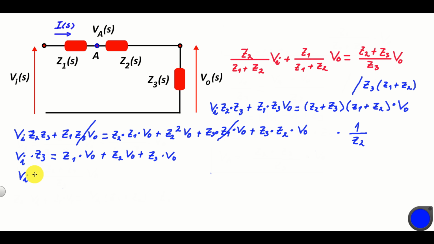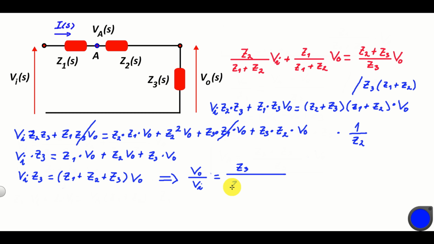Let's now further write this equation. On the right-hand side we will have Z1 plus Z2 plus Z3 multiplying VO. And as the result we will obtain the following. We will obtain VO over VI is equal to simply Z3 over Z1 plus Z2 plus Z3.